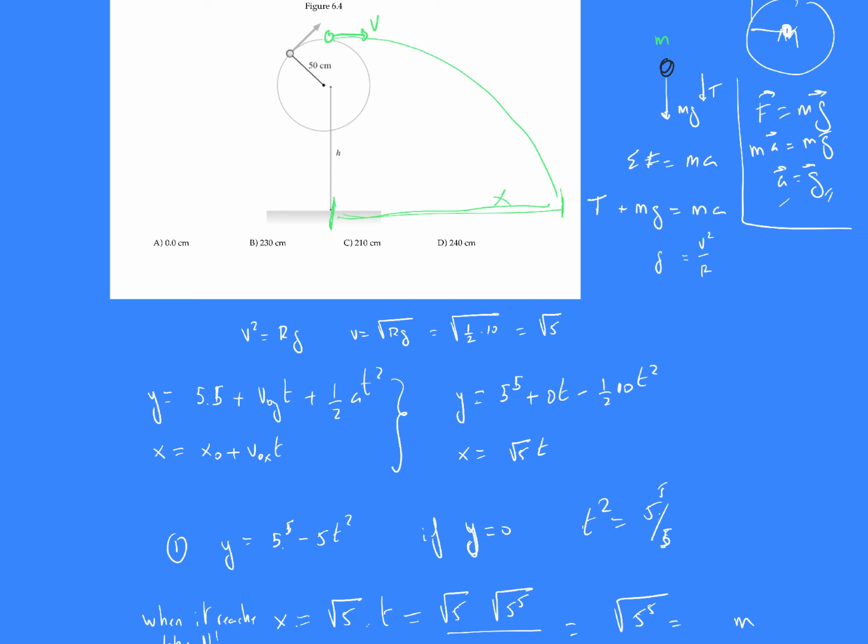So at the top, Newton's equation would say the sum of all the forces, T plus mg, equals mass times acceleration.